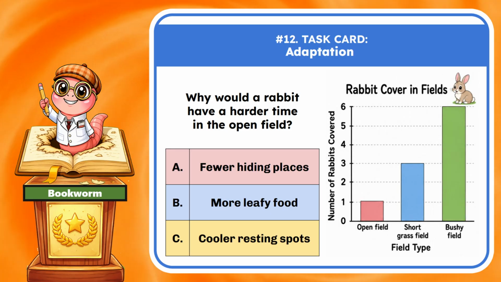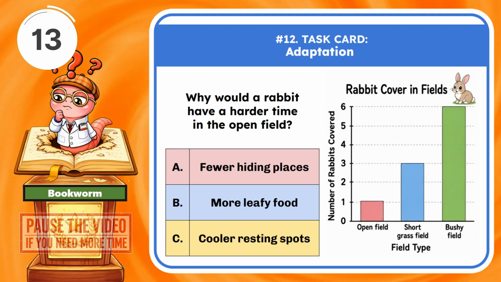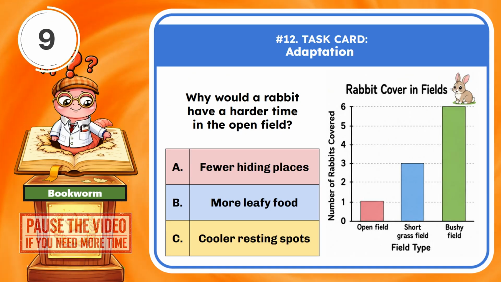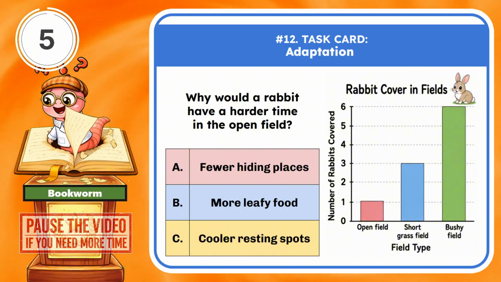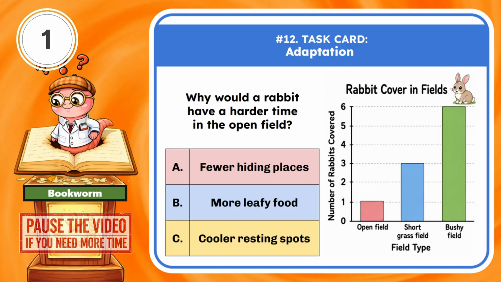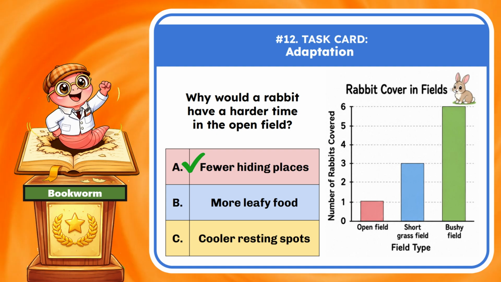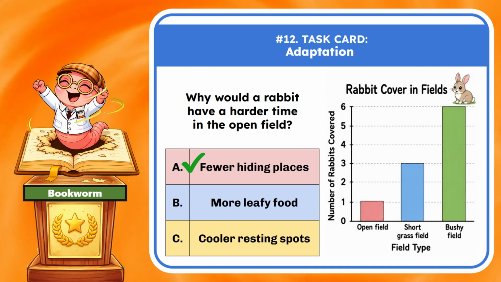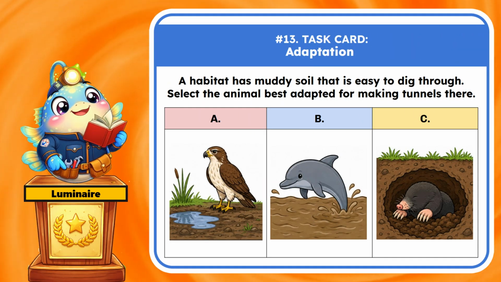Why would a rabbit have a harder time in the open field? And the correct answer is letter A, fewer hiding places. A habitat has muddy soil that is easy to dig through.